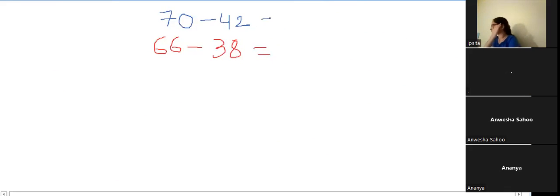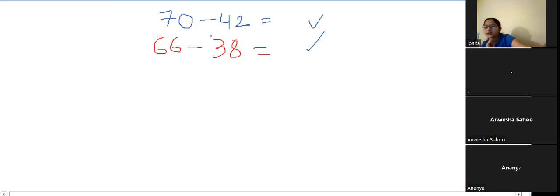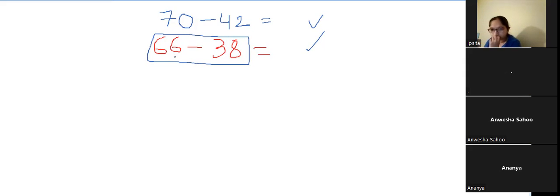Are these two differences the same or different? Why did you make it 42? Because 66 I made into 70 by adding 4, and the same 4 I am adding to 38 also, which becomes 42.